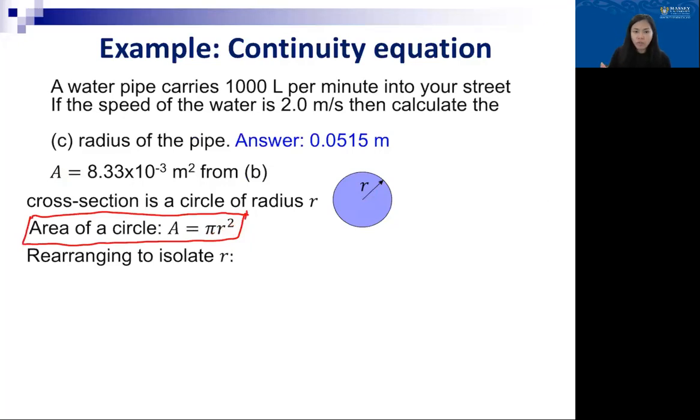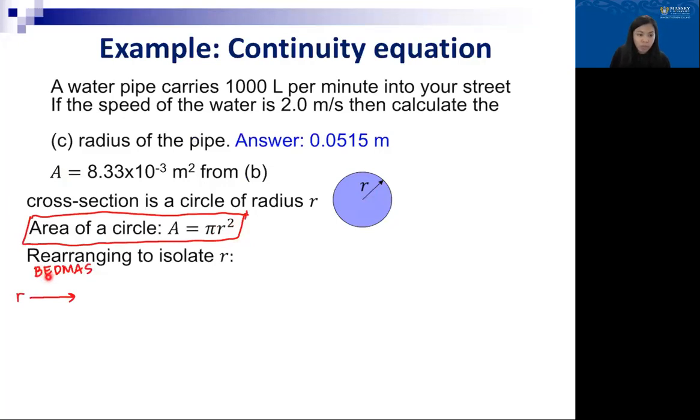If we go back to the basics of rearranging equations, we build the equation up using the order of operations, BEDMAS. I hope you still remember this. You do the brackets first, then the exponents, then division, multiplication, addition, and subtraction. So if we build the equation up, starting with what you want to isolate, which is r, you do the brackets first, but there's no bracket in the equation.